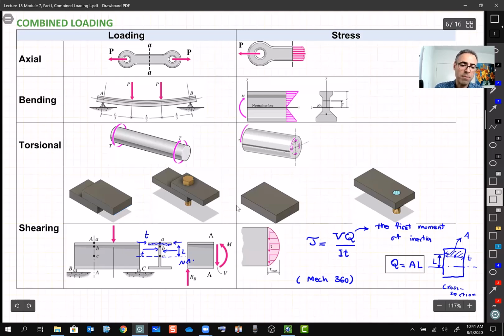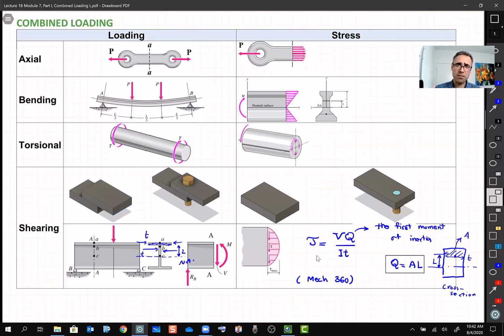In a beam, compared with bending stress, this tau is something you can ignore, in a range of 100 times smaller. So if you base your design on bending for a beam, then you are safe. You don't need to worry about this tau. It's very, very simple. That's why there's not too much emphasis on this one.